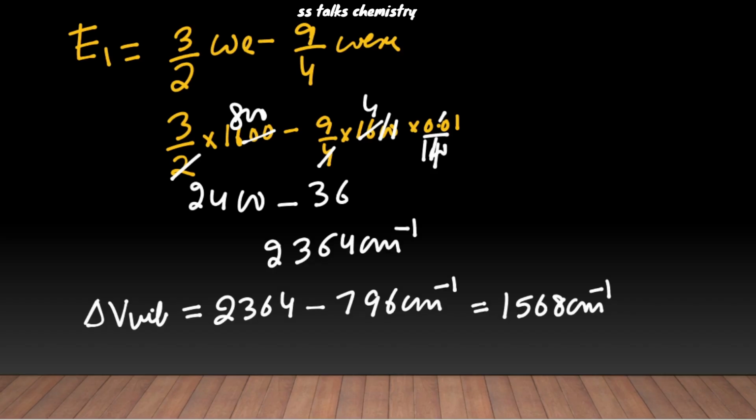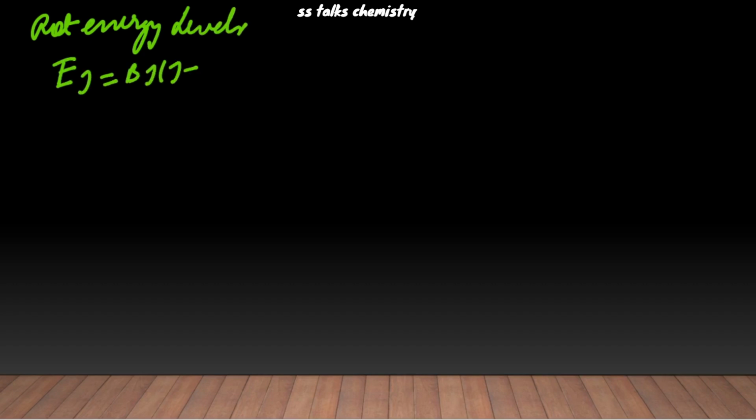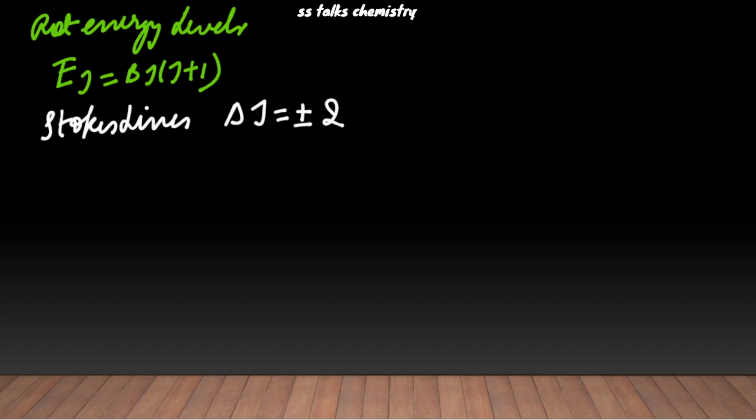Now for the various rotational levels, how is the energy changing? Let's see that. For the rotational energy levels, the energy is BJ into J plus 1. Now we are looking at the Stokes line. For the Stokes lines, the selection rule is delta J equal to plus minus 2.